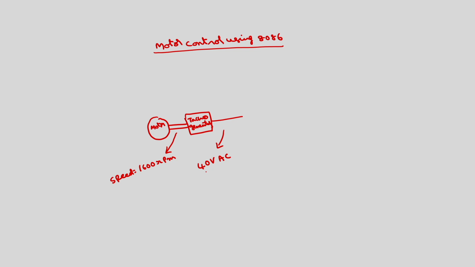So, this 40 volts is a high voltage which cannot be directly connected to the microprocessor. So, what you have to do is step down this voltage using a step down transformer.